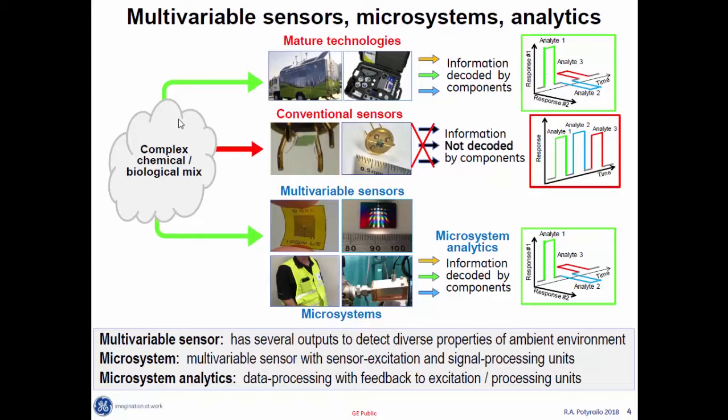You will understand why. But for complex environments, they are responding very similarly to different components in a gas mixture. And that's because they were designed not to be exposed to different components, but to be a detector for a major, for example, leak in the air of some kind that you are not expecting to have any other components.